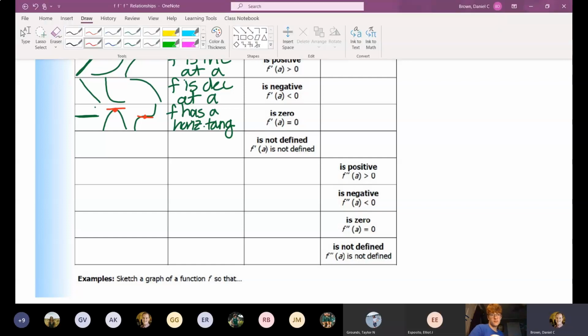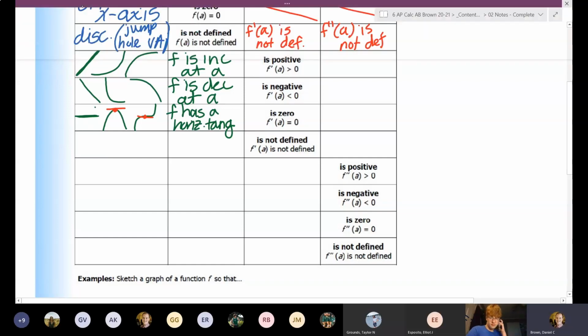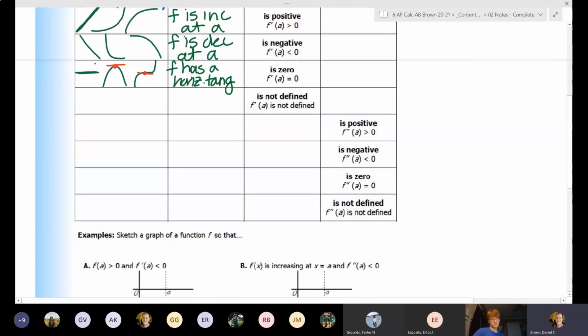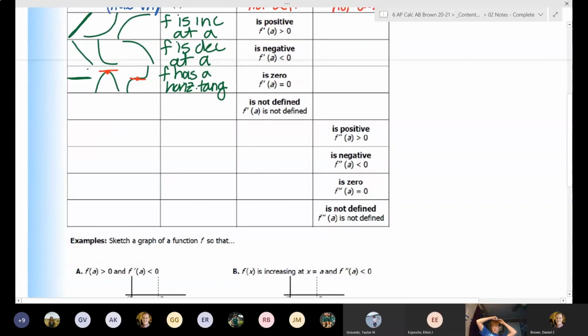And then we talked about the different cases of when we had a derivative that was not defined. What was one of the cases where a derivative would not be defined? We had 3 cases where a derivative is not defined. The corners. The cusp. So we have a corner or a cusp.